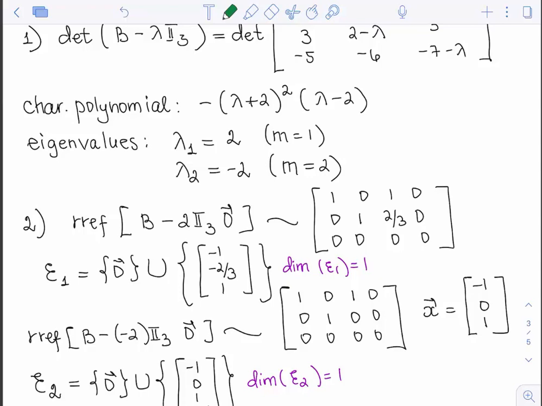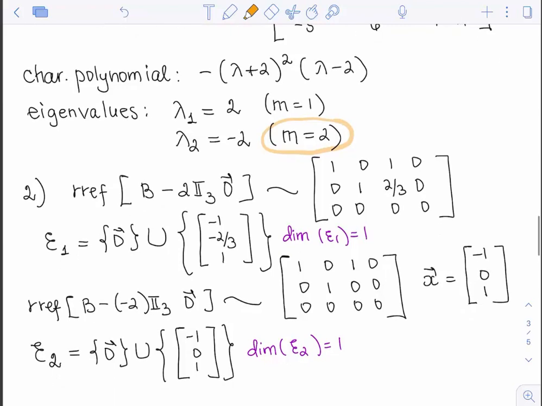So no questions here. Now, once we start working with the second eigenvalue, the one that has multiplicity 2, what happens in this scenario is the following. You set up your matrix B minus negative 2 times the identity, you row reduce it, and in this case, we get 2 pivots and only one free variable. That gives us one eigenvector.